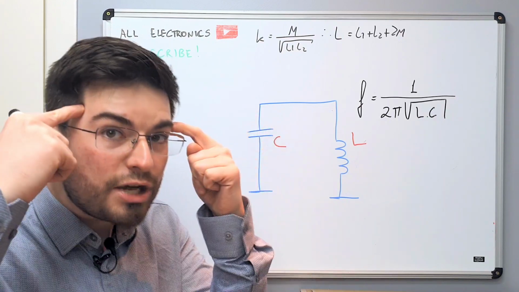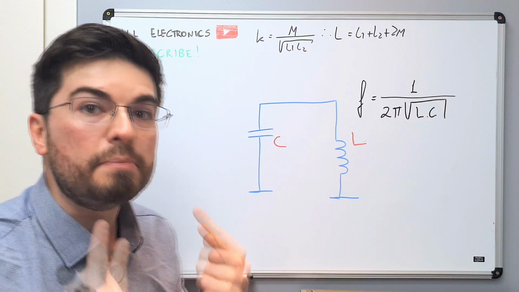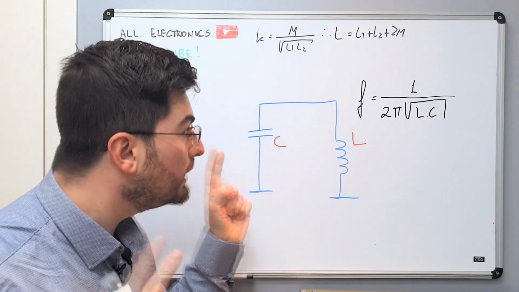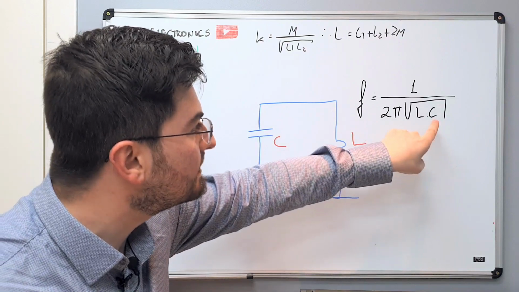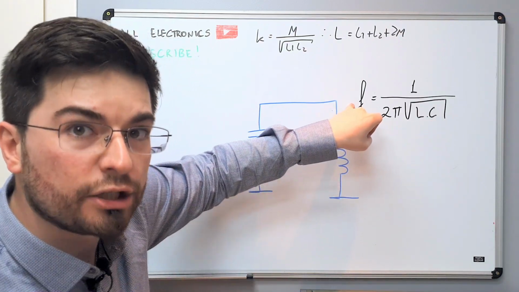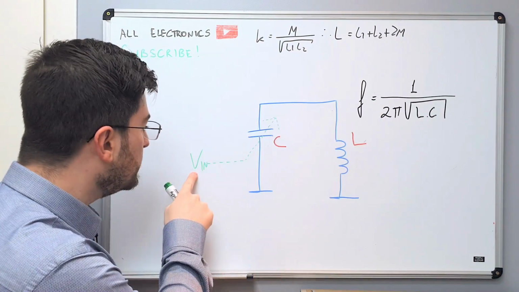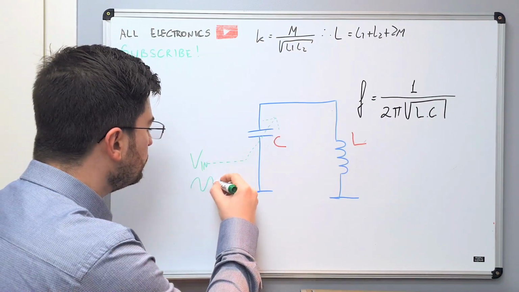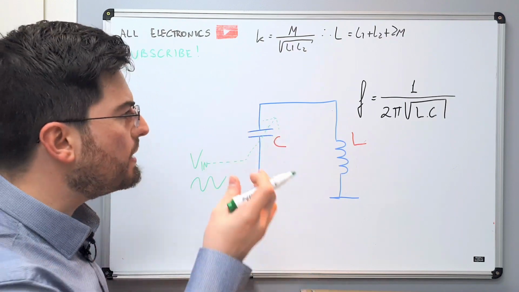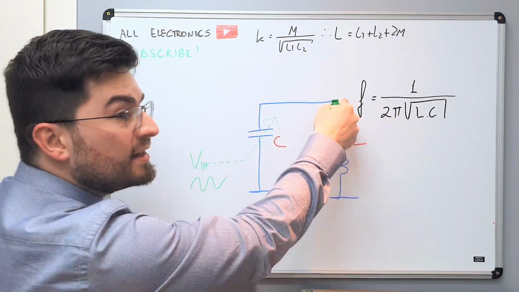But now let's imagine we are changing a parameter of the circuit. We are changing the capacitance, so we are modulating the capacitance inside the function that defines the frequency of oscillation. Now we have an input signal applying a sinusoidal signal that changes the capacitance of the capacitor.